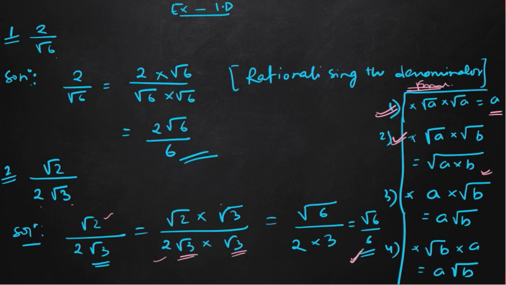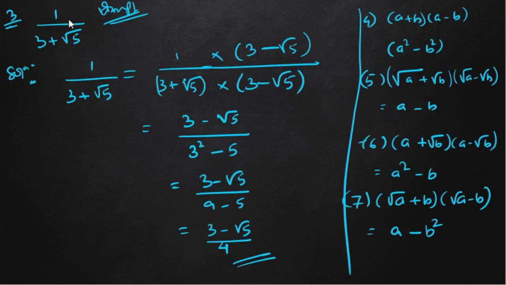Fine. Now you have to understand that in question number 1 and question number 2, we have only one term in the denominator. So what will happen if we have more than one term? In question number 3, you can see that the denominator has more than one term, it has two terms. For this, you have to see the sign. If it is positive, you have to multiply the numerator and denominator with the negative sign.